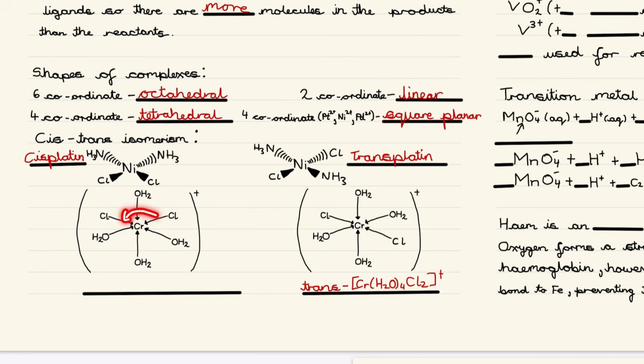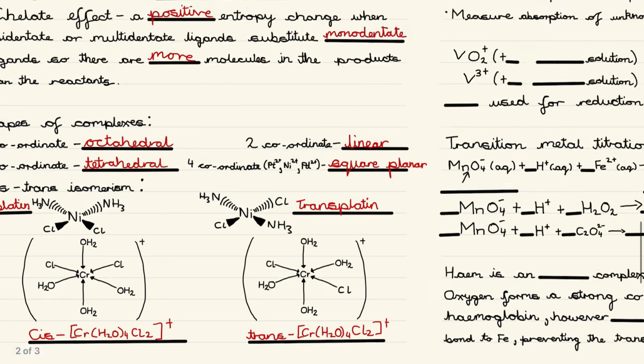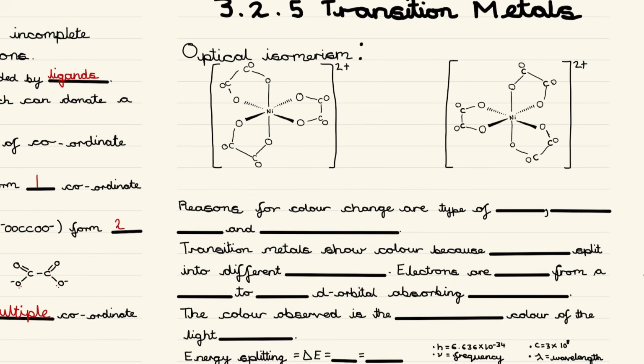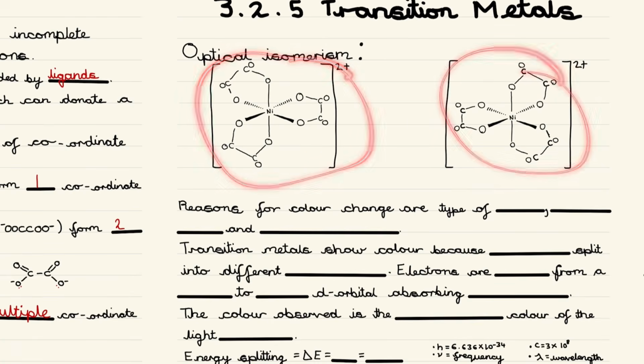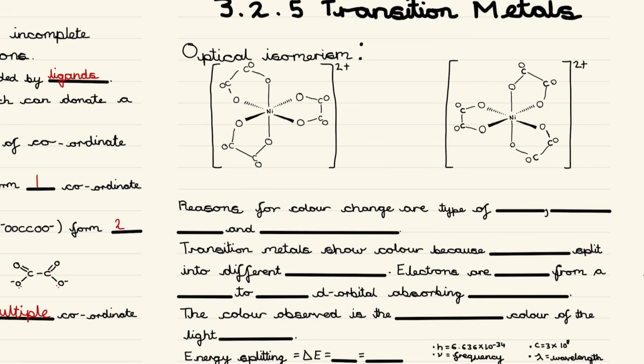And here, the chlorines are not 180 degrees away from each other, so it's going to be cis. Okay, and remember, optical isomerism is when the two molecules are mirror images of each other.